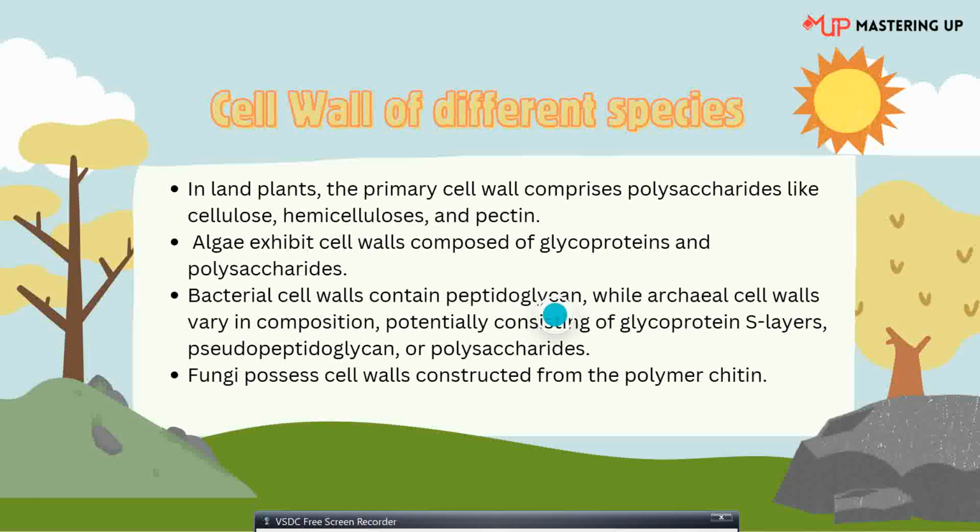Bacterial cells contain peptidoglycan, and archaeal cells vary in composition, okay. Potentially they consist of glycoprotein S layers and pseudopeptidoglycan or polysaccharides. Now the fungi cell wall is constructed from the polymer chitin. So these are all the different compositions in the different species in which the cell wall is present.